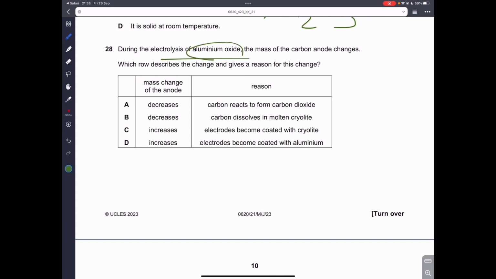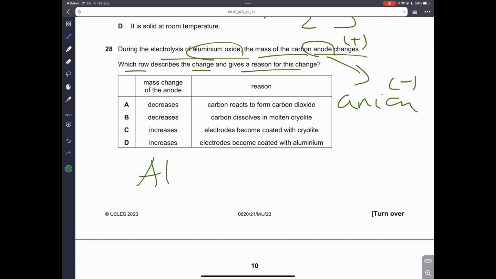Question 28. In the electrolysis of aluminum oxide, the mass of the carbon anode changes. Which statement describes the change and gives a reason for this change? Well, let's look at the anode. Basically it is the positive electrode, where the negatively charged ions are going to get selectively discharged. In the process of aluminum oxide, we have to look at the Al3+ and O2- ions.